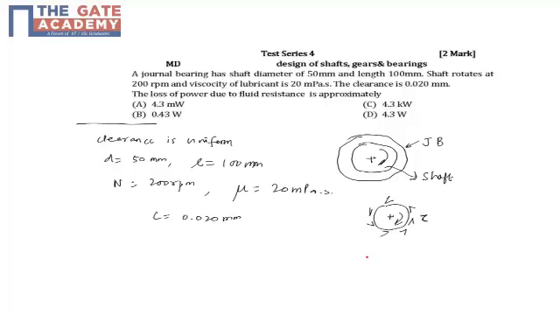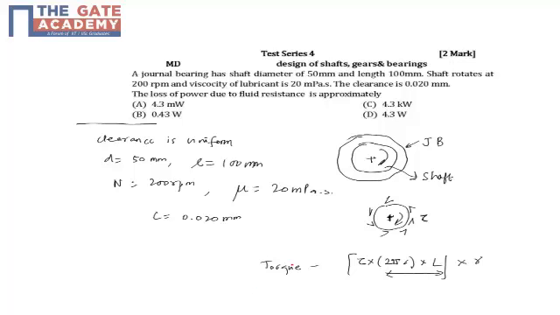So on the surface there will be tau into the cross-section area, which is 2 pi r into the total length L. This is the total force at a radius r from the center. This total force into r will be the effective frictional torque at the center, which your shaft has to oppose.